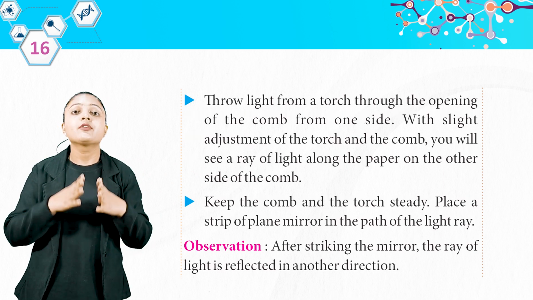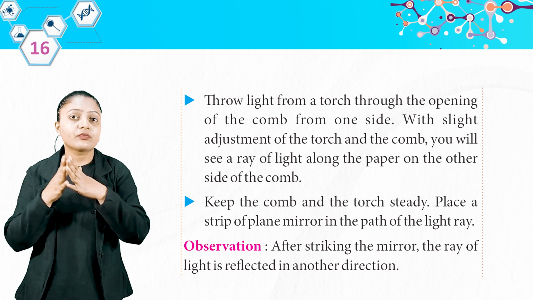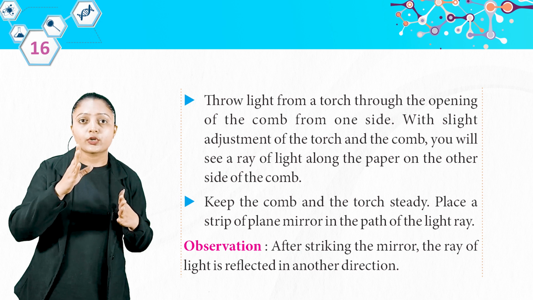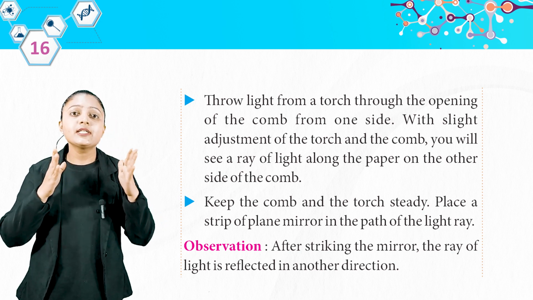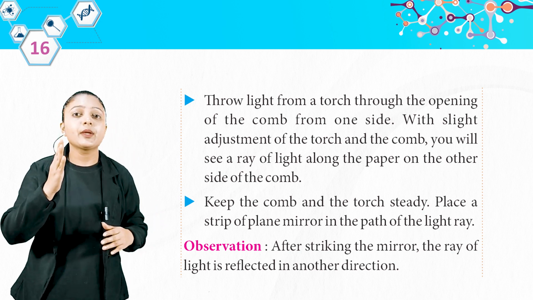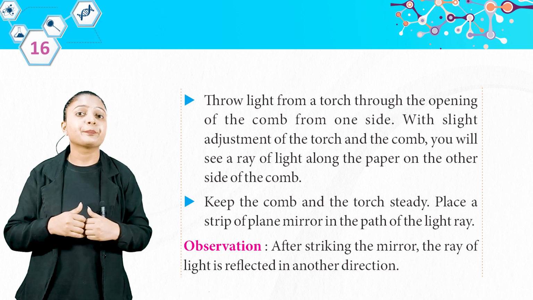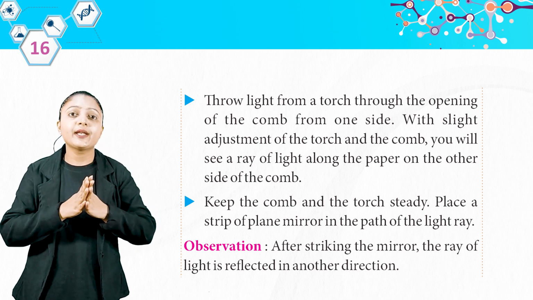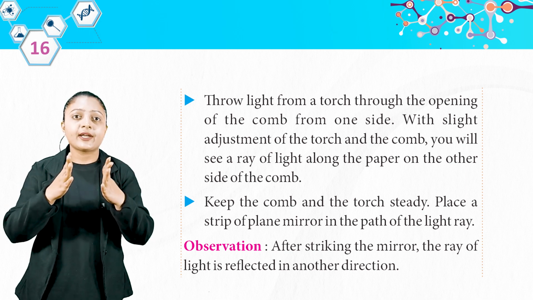Fourth, throw light from the torch through the opening of the comb from one side. With slight adjustment of the torch and the comb, you will see a ray of light along the paper on the other side of the comb. Keep the comb and the torch steady. Place a strip of plane mirror in the path of the light ray.